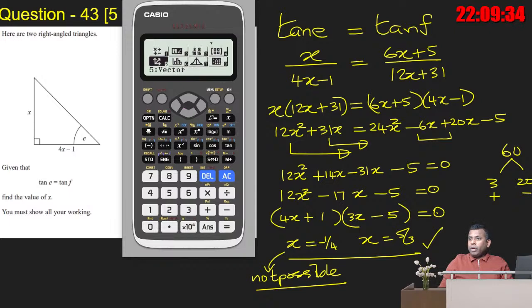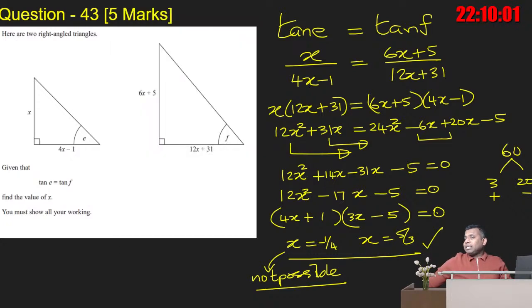Menu and arrow key, and come back to the equation, which is the A, equations and function, press the equal sign, polynomial and second degree, and press the coefficients, which is 12 equal, minus 17 equal, minus 5 equal, and press the equal again. So x equals 5 over 3, again x equals minus 1 over 4. Exactly the same answer we got the manual way, but if it is a non-calculator paper, you need to use the manual way. If it is a calculator paper, why not?